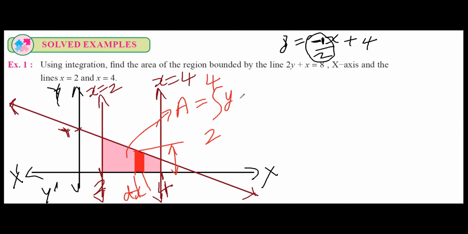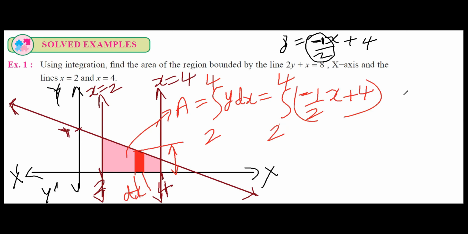So I will write here y dx, integral from 2 to 4. And y from here is minus 1 by 2 x plus 4, and dx. Now can you solve this further and WhatsApp me?